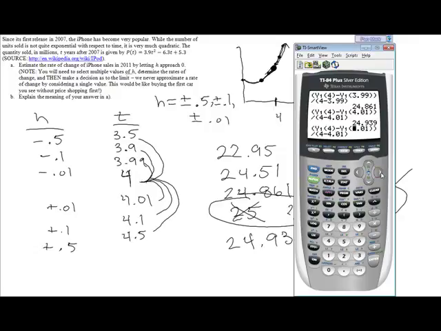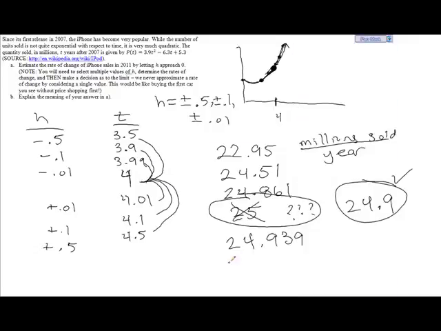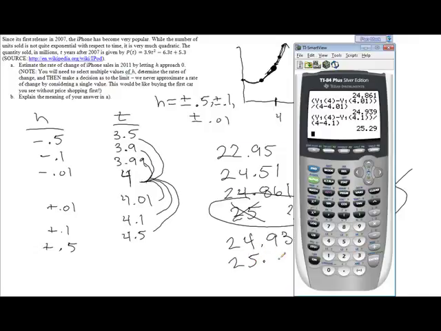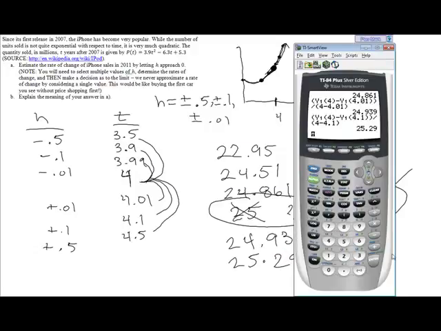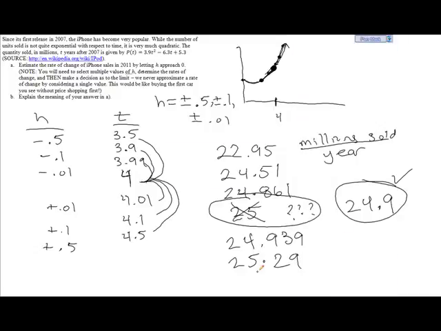Now we'll do 4.1, and then our 4.5, but I think we're pretty set. We just want to make sure that the rate of change continues to increase, that there's not something funky going on with our equation. That gives us 25.29, and now we'll do 4.5 just to get our 6th rate of change, and just to be sure that it continues to go up, which it does, 26.85.